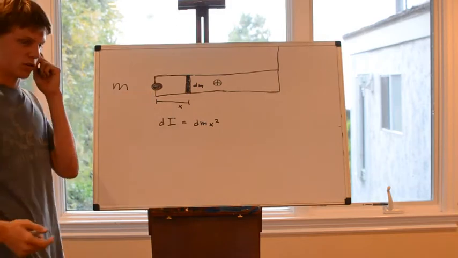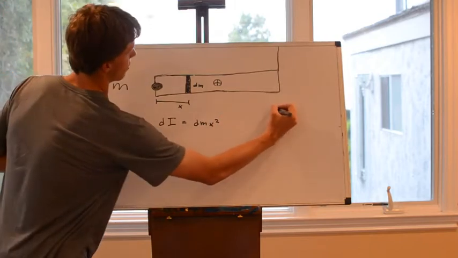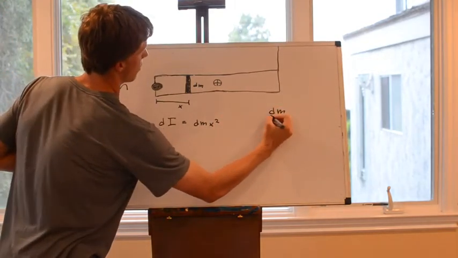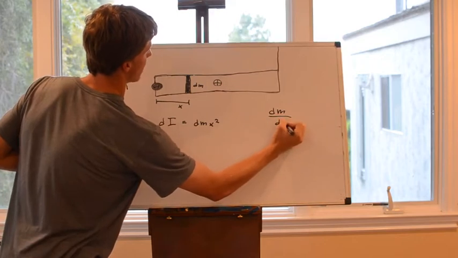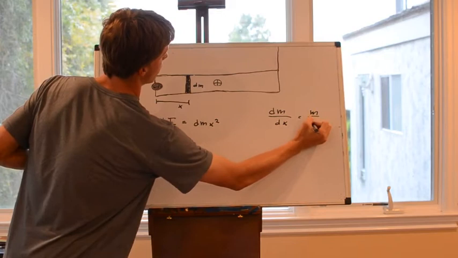So now we're going to use some ratios to fix this. We're going to start with dm over dx is equal to mass over length.